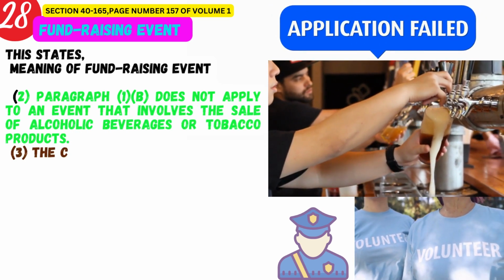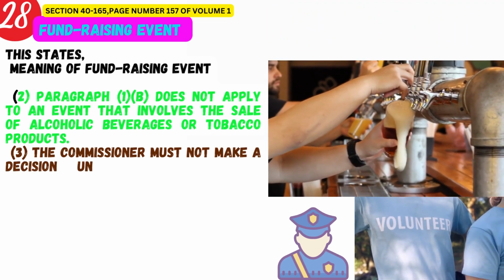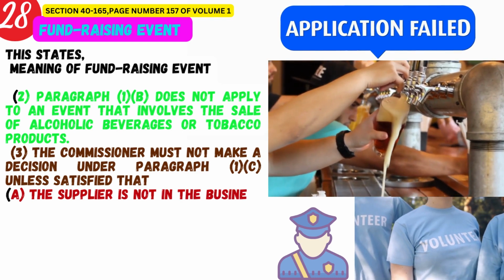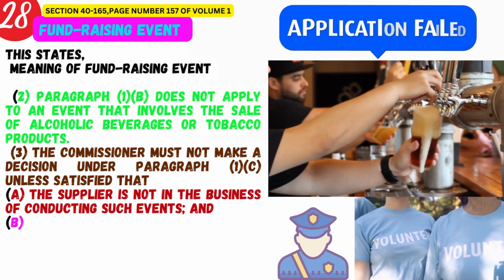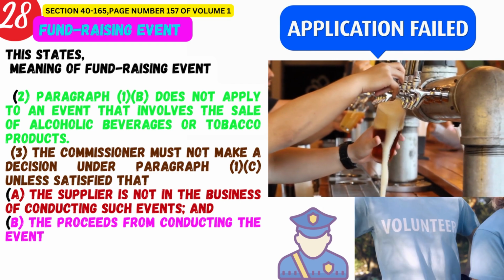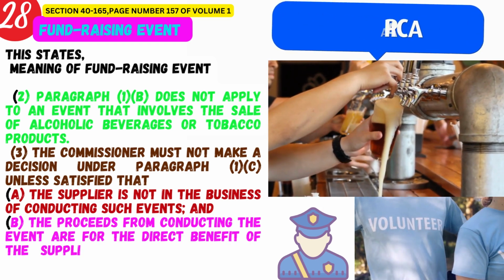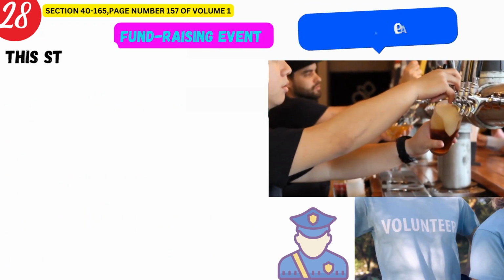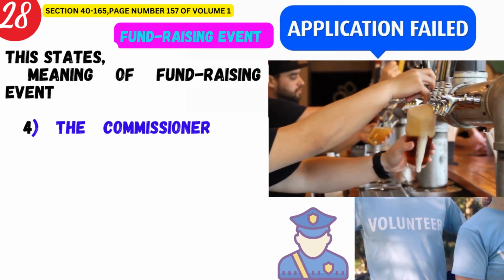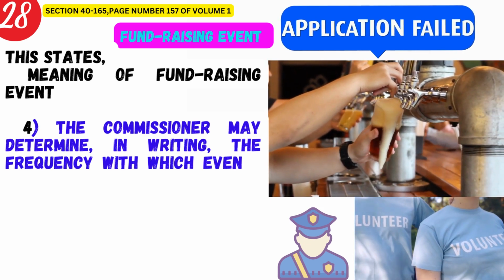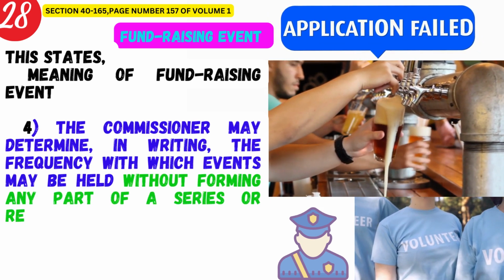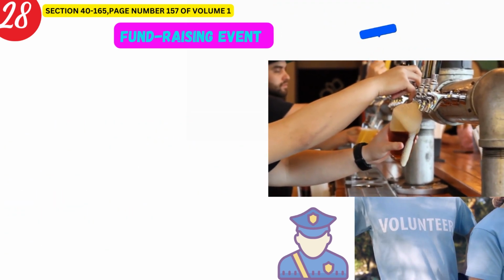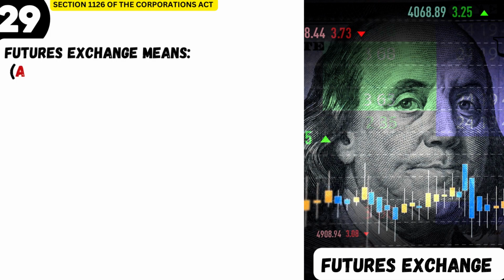The Commissioner must not make a decision under paragraph 1(c) unless satisfied that A. the supplier is not in the business of conducting such events, and B. the proceeds from conducting the event are for the direct benefit of the supplier's charitable or non-profit purposes. 4. The Commissioner may determine, in writing, the frequency with which events may be held without forming any part of a series or regular run of like or similar events for the purposes of subsection 1. Word number 26.